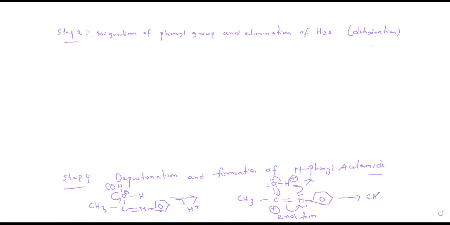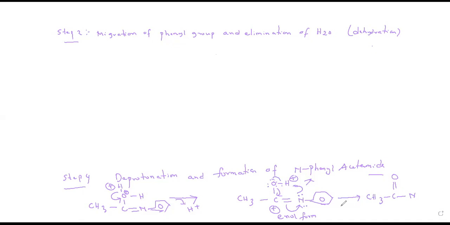So you'll get CH3. Here you will get C double bond O. Why? Because oxygen is having one extra lone pair of electron. It will donate for positively charged carbon. So this carbon can form a double bond. And here you will get a single bond because one pi bond has been migrated towards nitrogen, which is more electronegative. Nitrogen will have only one lone pair of electron.